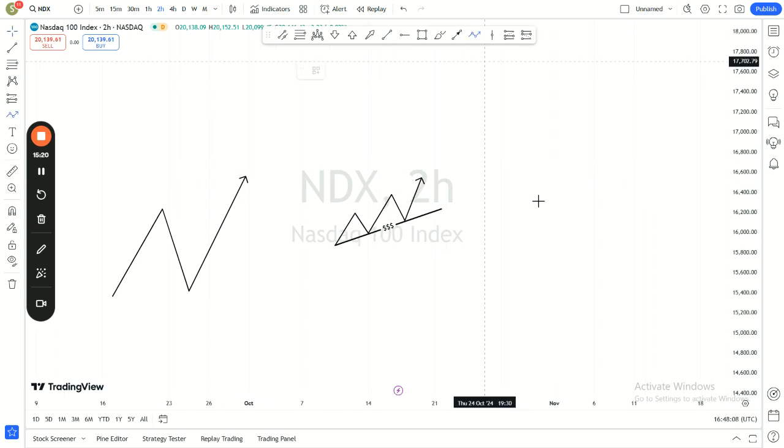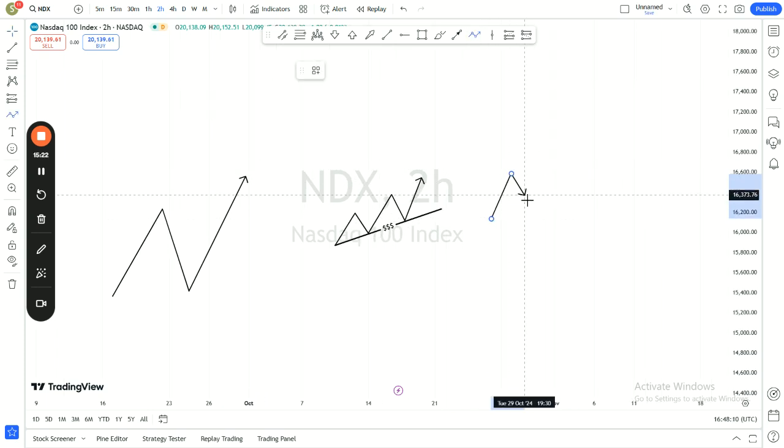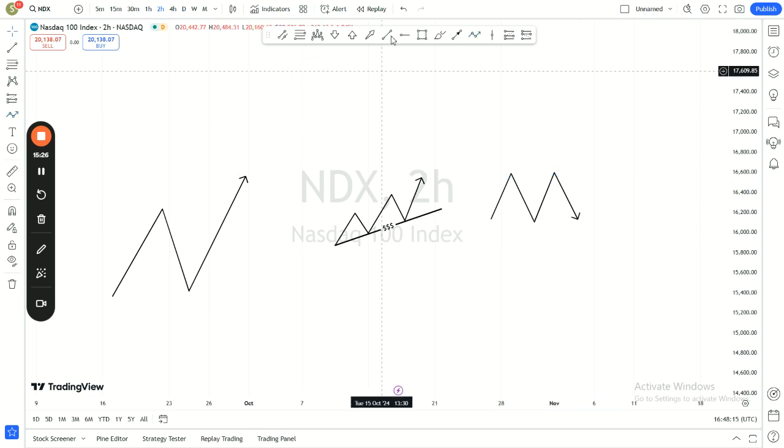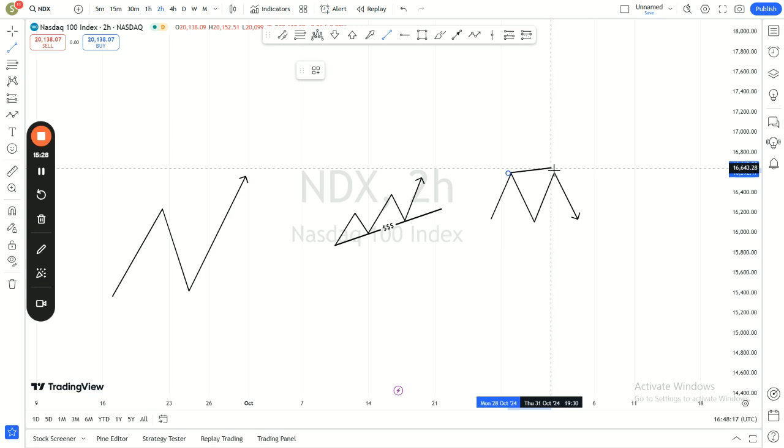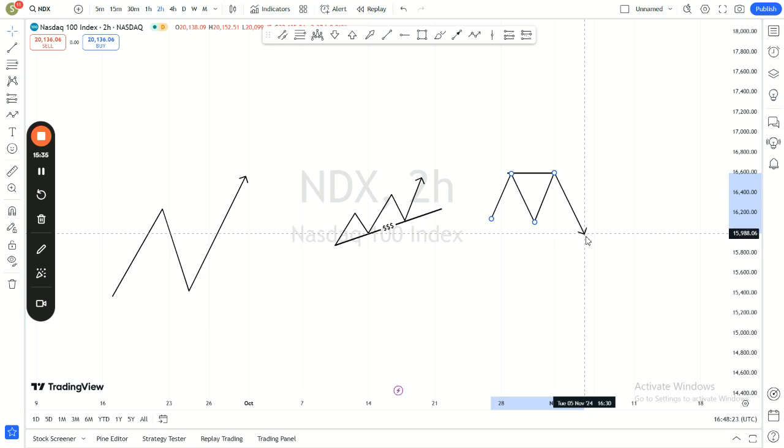And then we have a double top liquidity, and a double bottom liquidity. We have a double top liquidity just like this. Sorry guys, let's do something like this.